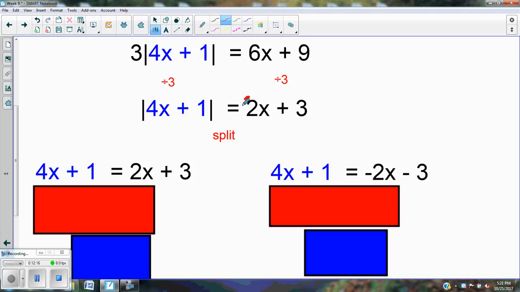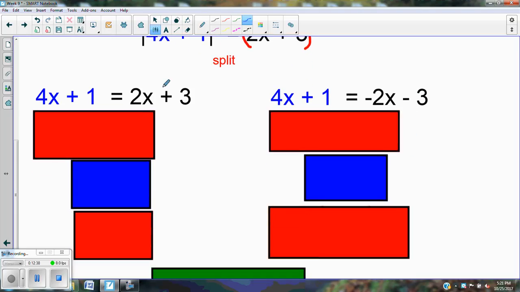If we take this whole thing in parentheses and say that it is negative, this negative has to get distributed here and here. So it's the entire side that's being negative. That's why it's negative 2x and negative 3, or minus 3. So we split it up into two sides, one with a positive, one with a negative.